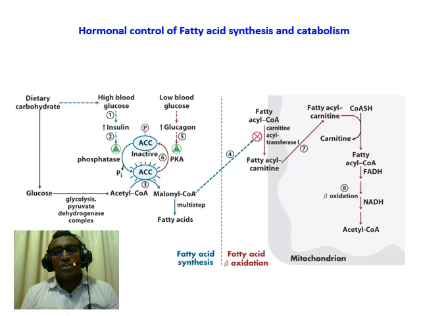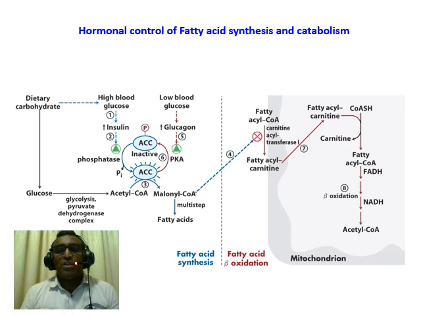So the concentration of malonyl CoA eventually will increase, and it in turn will cause inhibition of a crucial enzyme in the transportation of fatty acid from the cytoplasm to the inside of the mitochondria, whereby it will disturb the carnitine shuttle.